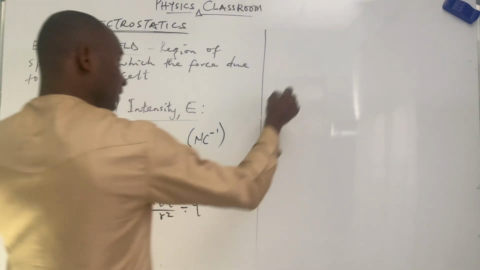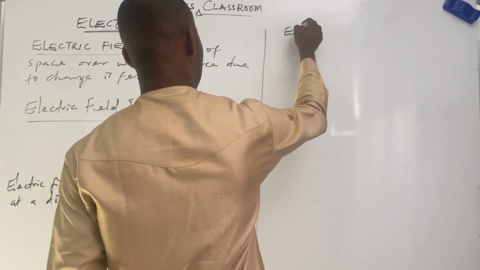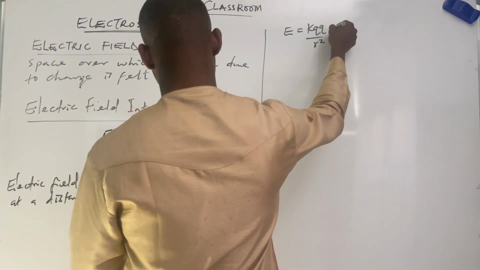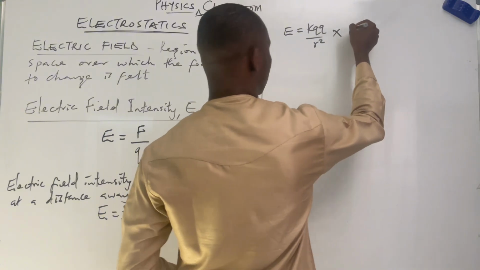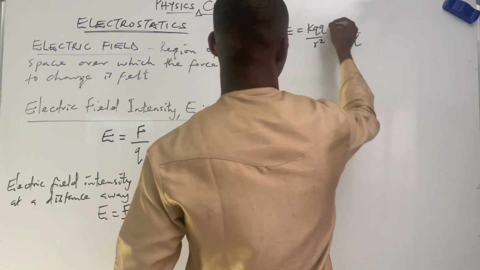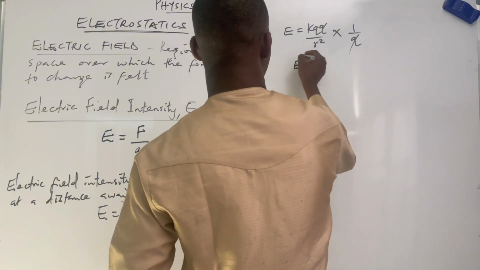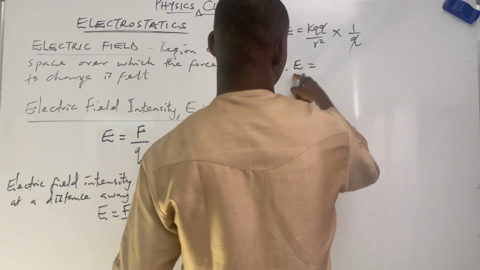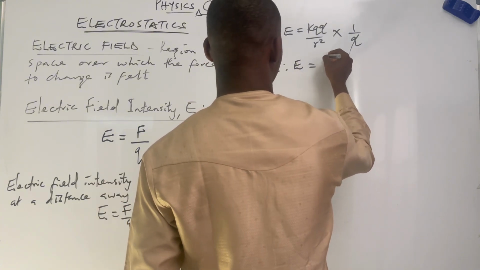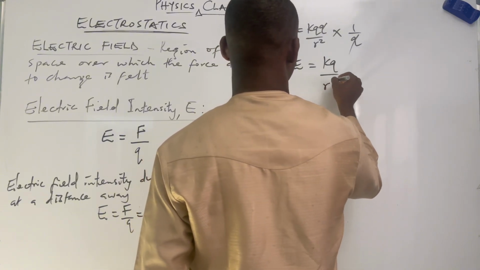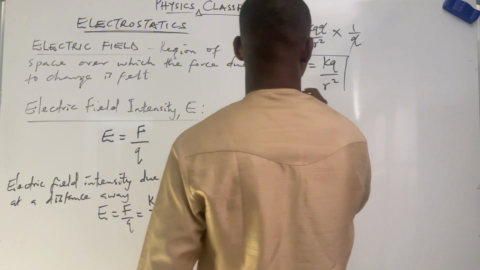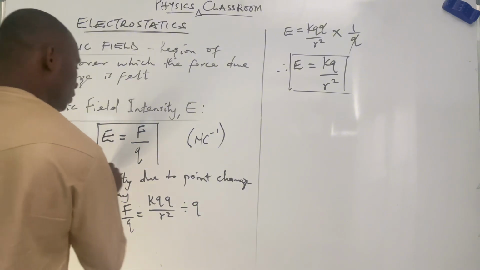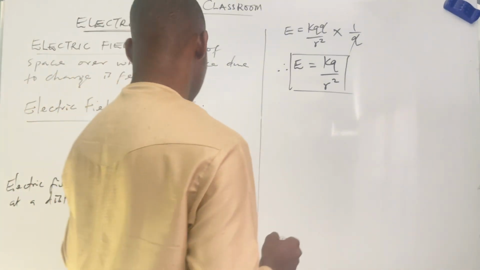So KQQ over R squared, the division changes to multiplication, and we have 1 all over Q, so that this Q will cater for one of these, and our electric field intensity due to a point charge at a distance away will now be KQ all over R squared. This is another formula that you can use to solve. So I've given you two different formulas to solve.